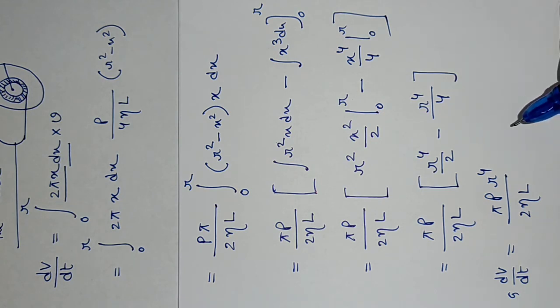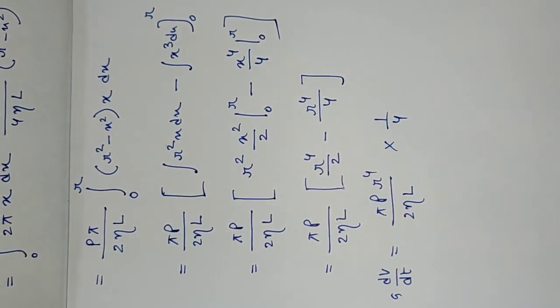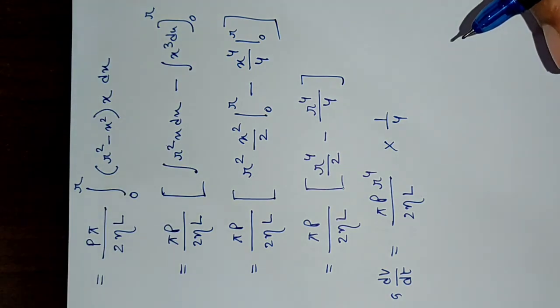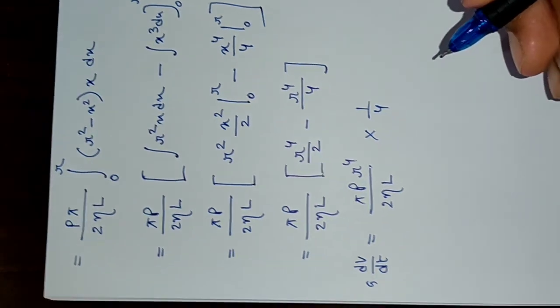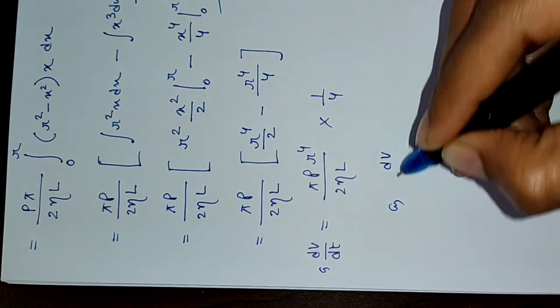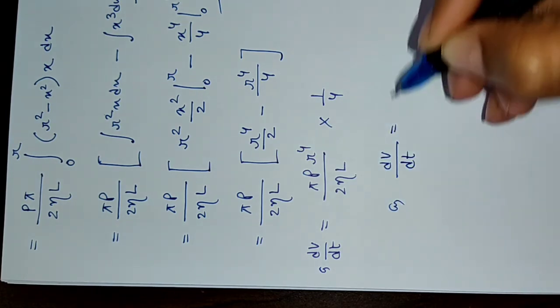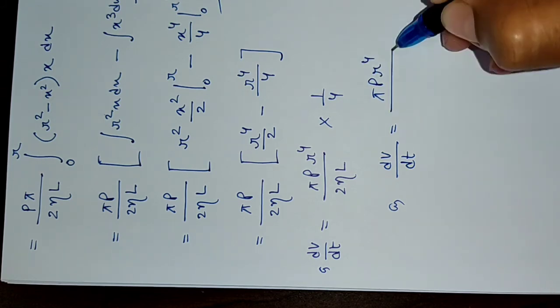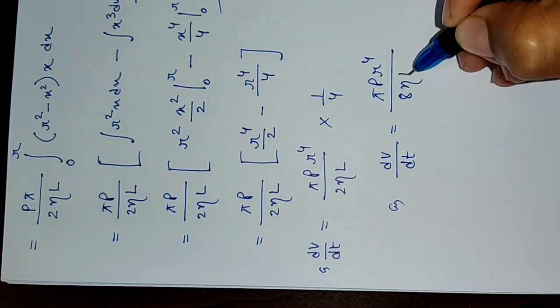So there will be 1 by 4 left. So you get the final expression: pi P r to the power 4 upon 8 eta L.